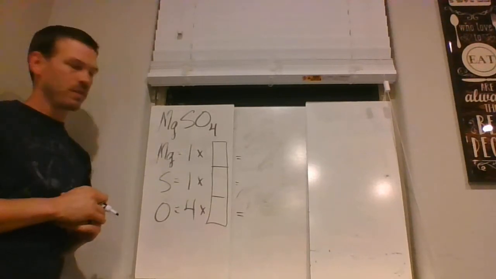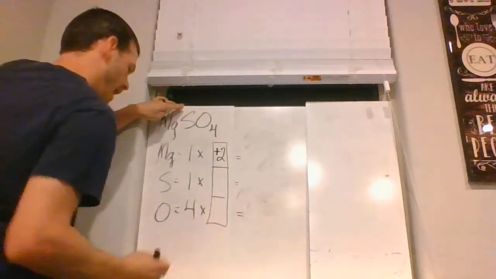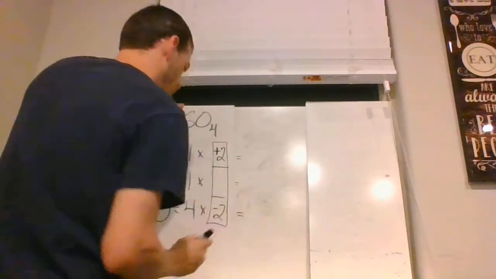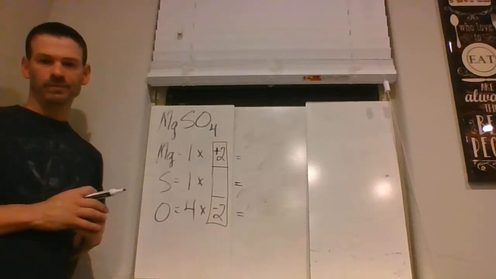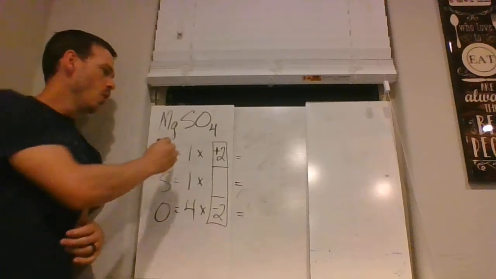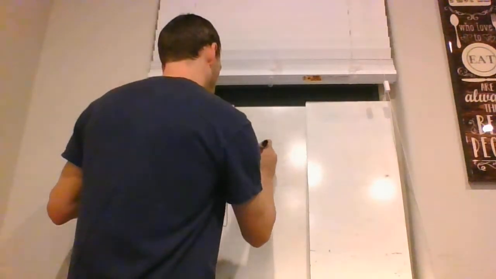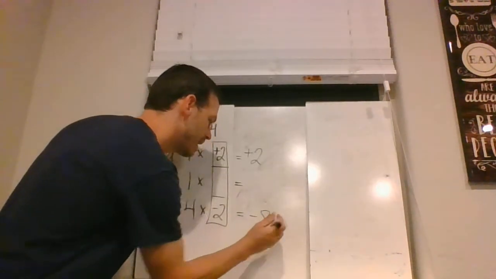Looking at my rules, I know that magnesium is always +2 and oxygen is always -2. Sulfur, I don't know for sure. 1 times +2 is +2. 4 times -2 is -8.